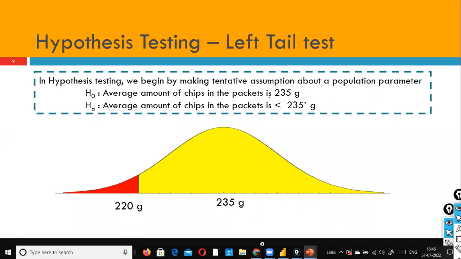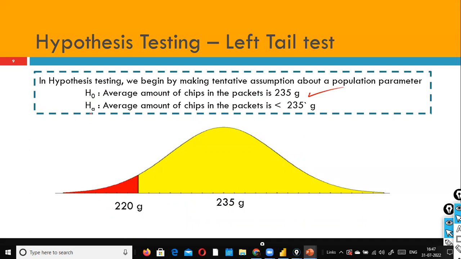So now if I write the statement, the hypothesis, the null hypothesis and the alternative hypothesis. For the null hypothesis, we use the notation H sub 0. The average amount of chips in the pack is 235. We are simply assuming that whatever somebody says is true. That is your null hypothesis.